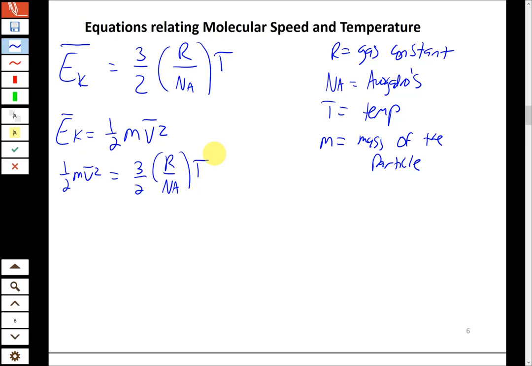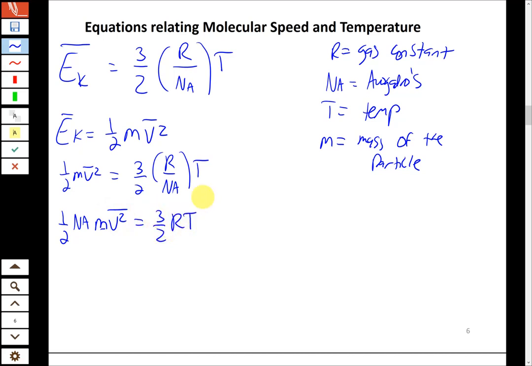And then we can cross multiply both sides by Avogadro's number and move that over to the left. Let me write that in a different order. Remember, m here is the mass of the individual atom or molecule we're talking about, and then N_A is Avogadro's number.